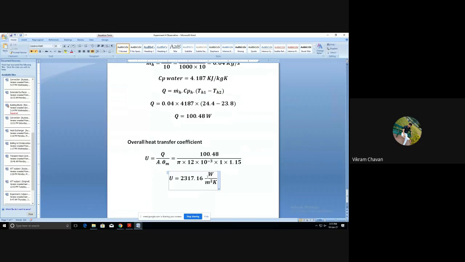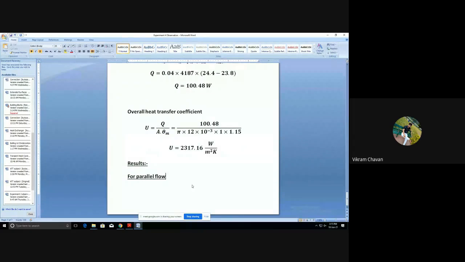Results should be in such a manner that, for the parallel flow arrangement, all three values are given. First one is LMTD, which is equal to, put up that particular value.